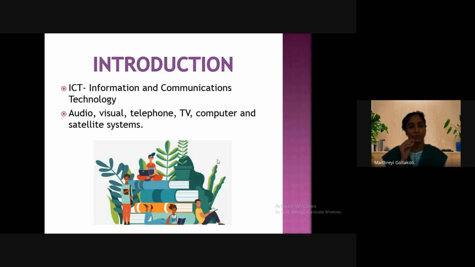Visual, something which we see, and telephone, which we listen again. TV, we have audio visual on TV. Computer also same, and satellite systems. Through satellite we can connect to different parts of the world, isn't it? So these are all the modes through which the ICT tools can be functioning. Okay, now let us have the next slide.